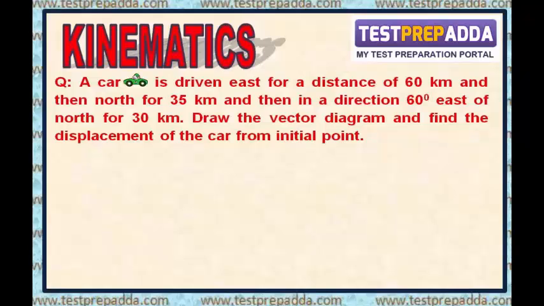Now, what will you do here? We are aware of geographical coordinates. East is here, west is here, north is here, and south is here. And the question says, the car goes east for a distance of 60 kilometer.